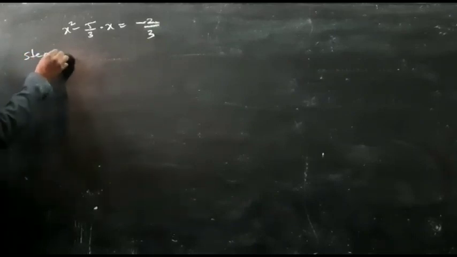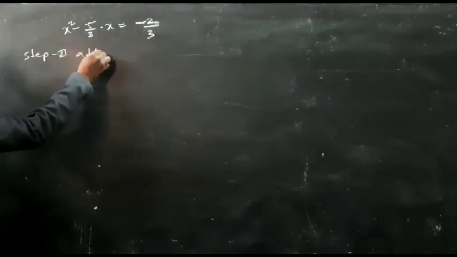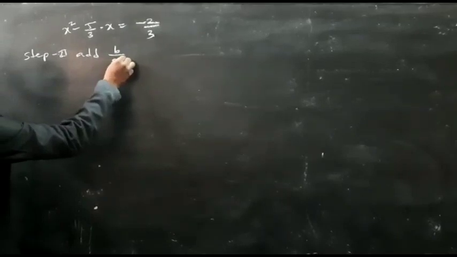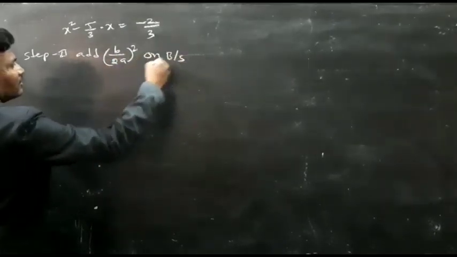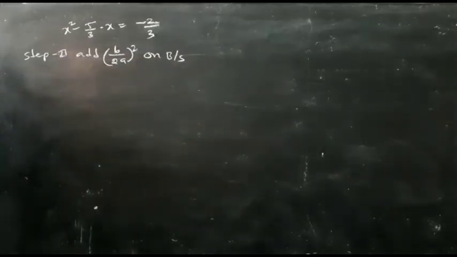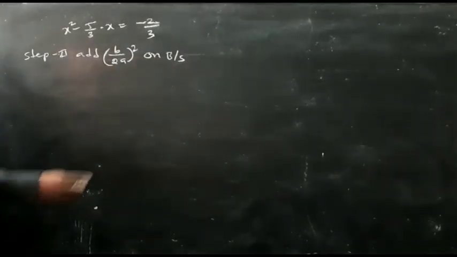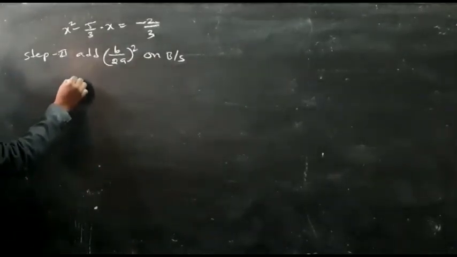Now step 3: add b by 2a whole square on both sides. So what is the b value?